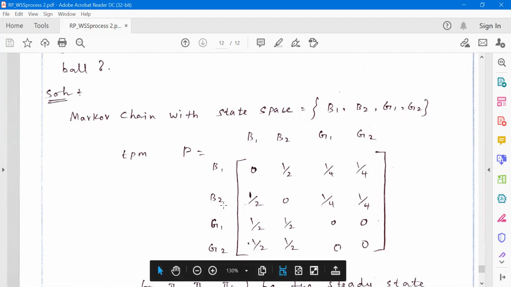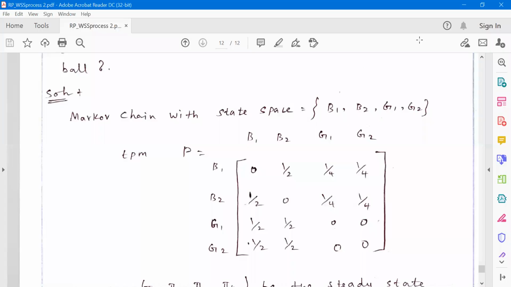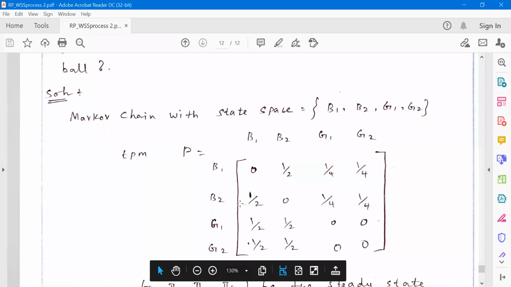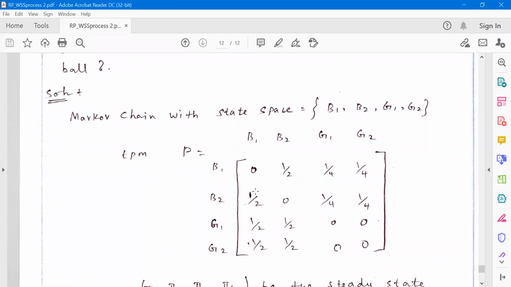And we form the second row. If B2 has the ball, he will throw the ball to the other boy with probability 1 by 2. B2 cannot pass the ball to B2, so that is 0. If he throws the ball to a girl, the probability is 1 by 4, 1 by 4. Here also, if you add the row, it will be 1.